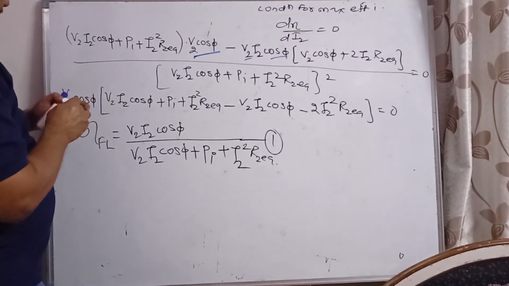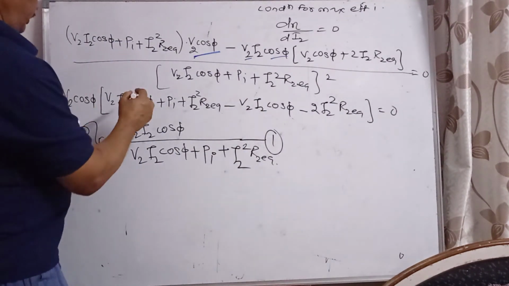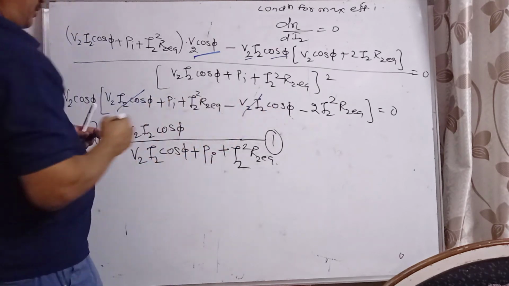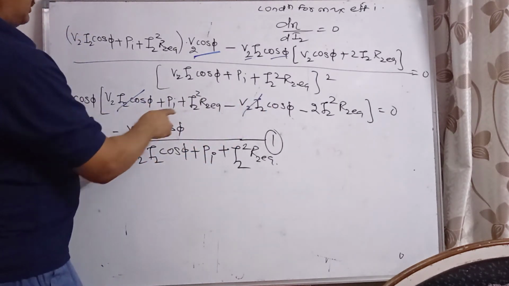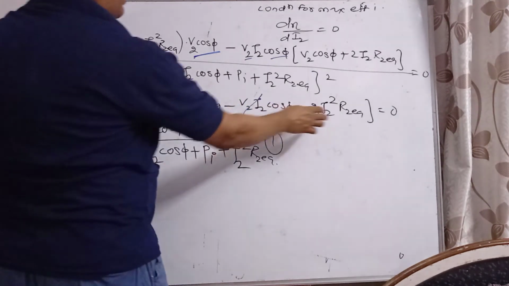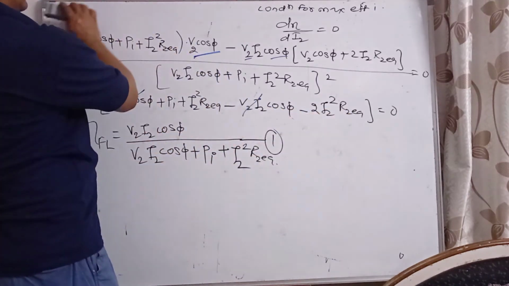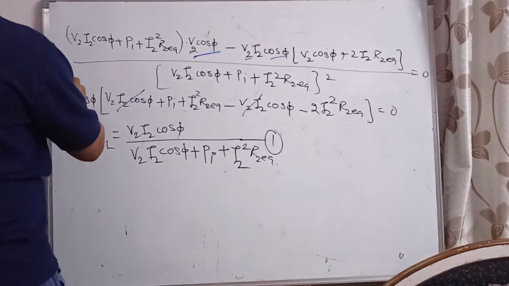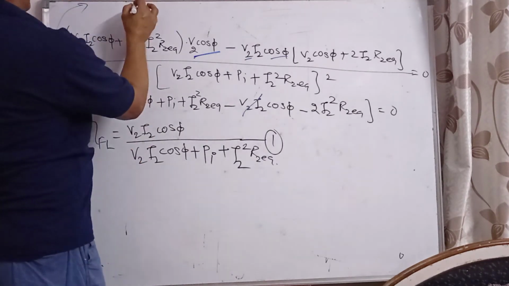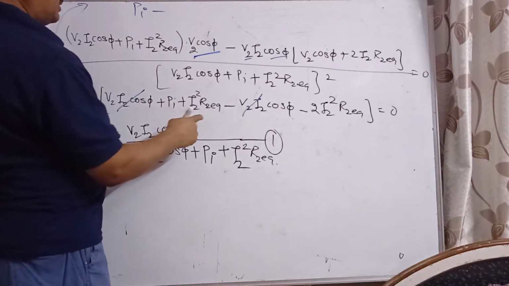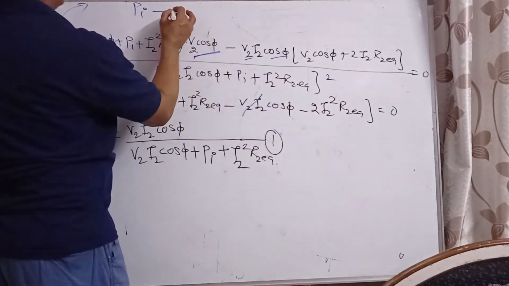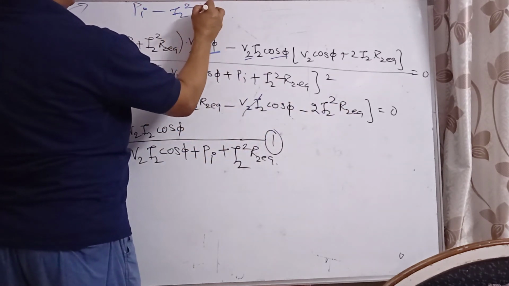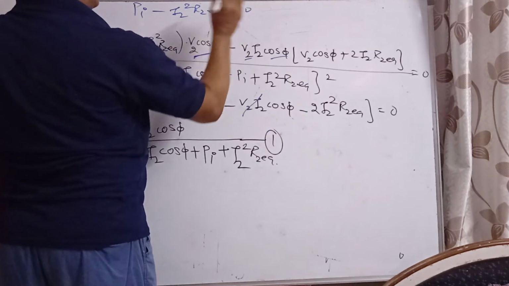Now V2 I2 cos phi and V2 I2 cos phi cancel. Pi, this minus this. What is remaining? Pi minus I2 square R2 equivalent is equal to 0.